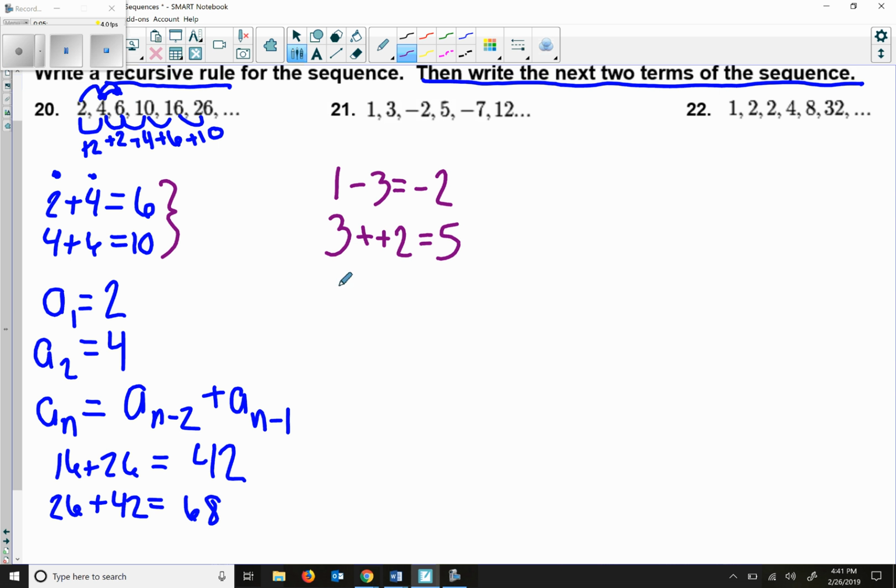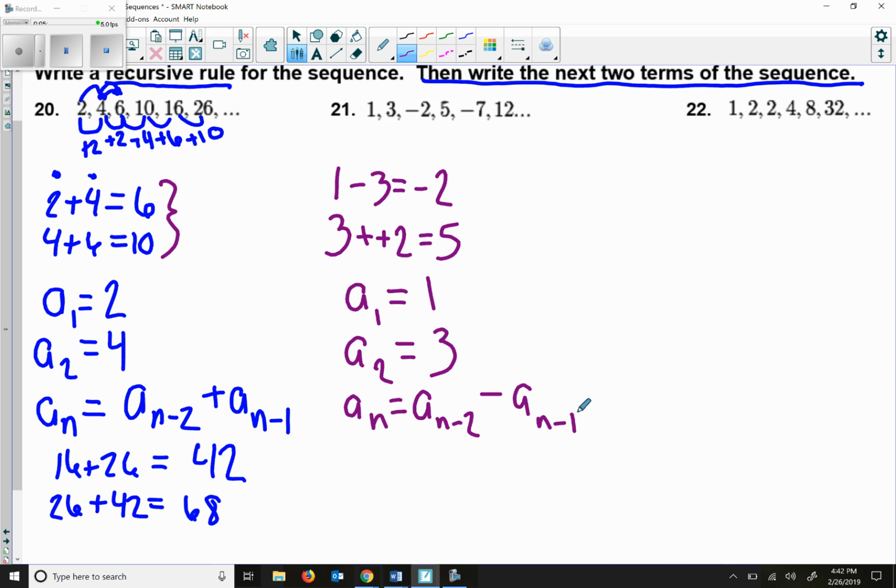Again, for this one, you have to define the first 2 terms. So a sub 1 is 1, and a sub 2 is 3. And then, following the same pattern as the previous example, a sub n equals a sub n minus 2, and then you're just subtracting instead of adding, a sub n minus 1.